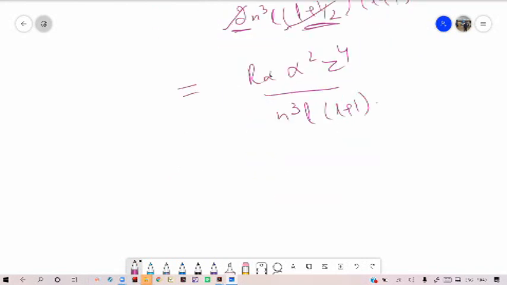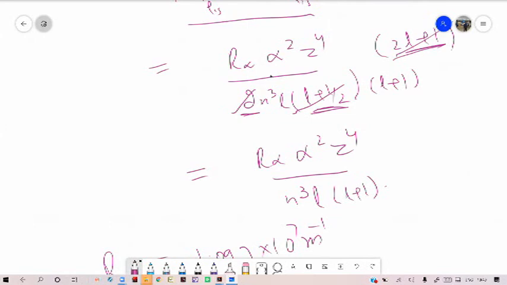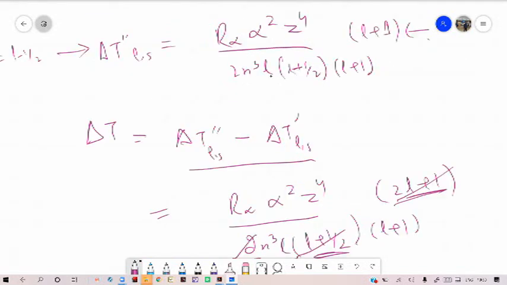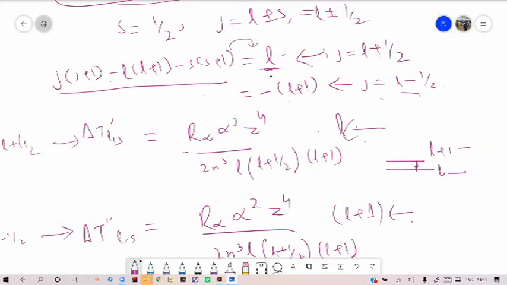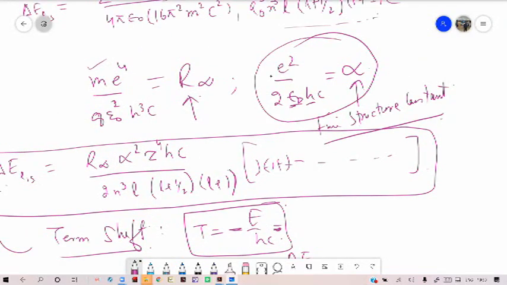If you put the value of R infinity, you know that it is 1.097 times 10 to the power minus 7 per meter. And alpha, if you calculate, it is 1 by 137. This is the fine structure constant. You just put in the values. While we have done the substitutions, here is the electron charge, this is the permittivity, this is the Planck's constant, and the velocity of light.